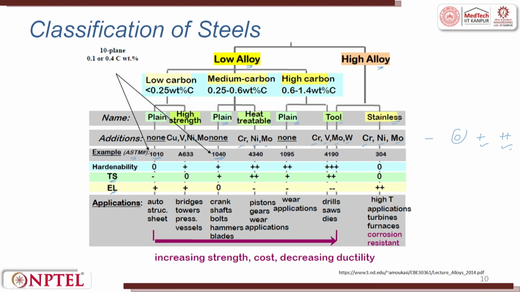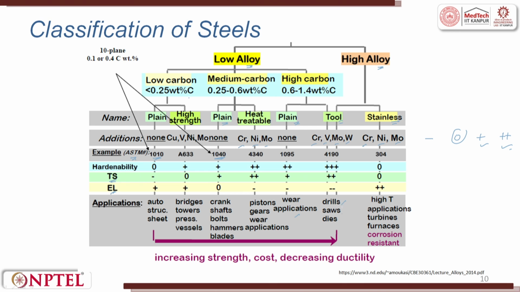So, where is this plain material used? Automobile, structure, steels. Then high strength materials are used in bridges, towers, pressure vessels. Then medium carbon, plain, we use in crankshafts, bolts, hammers, blades. Heat treatable, we use in pistons, gears, wear applications. High carbon, plain, we use in wear applications.